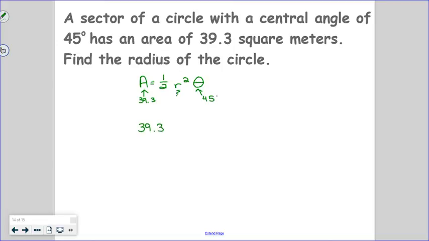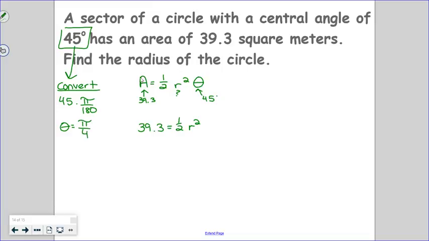Please stop me before I do something wrong here. Right? I cannot put 45 in there. That's, again, going to be our number one thing. If I see that degree symbol, immediately convert to radians. So the correct number that I should put in for theta, what is 45 over 180 to simplify down to?